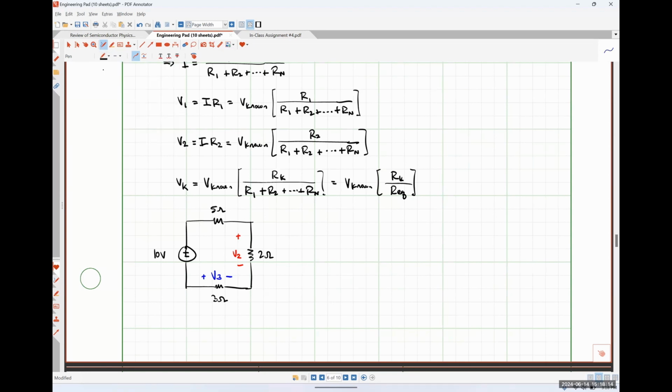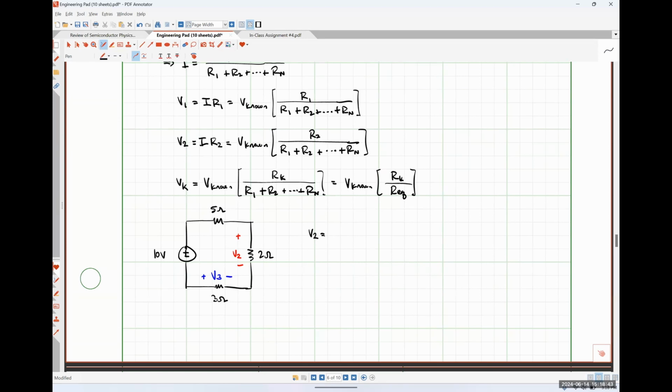So I would like for you guys to tell me how to apply the voltage division equation from above to solve for the voltages V2 and V3. So let's start with something easy.